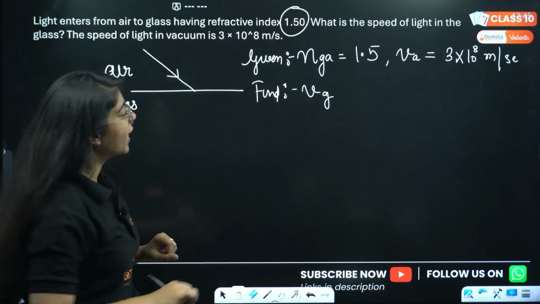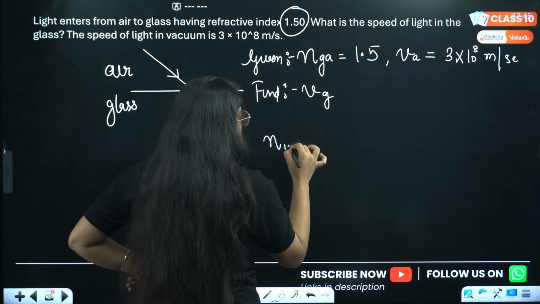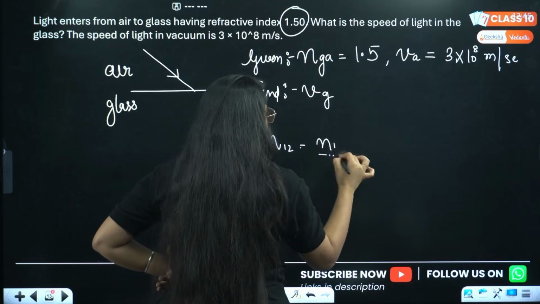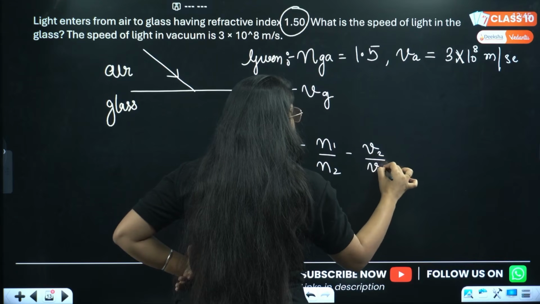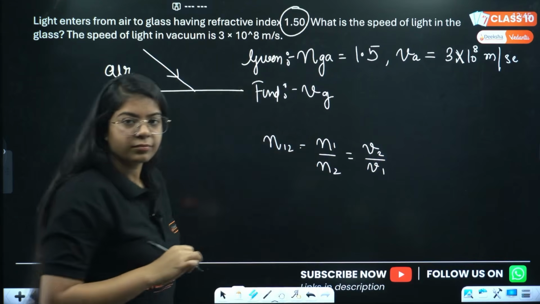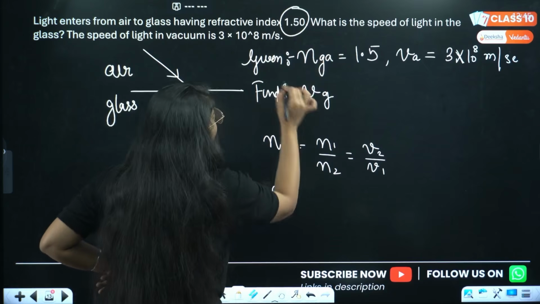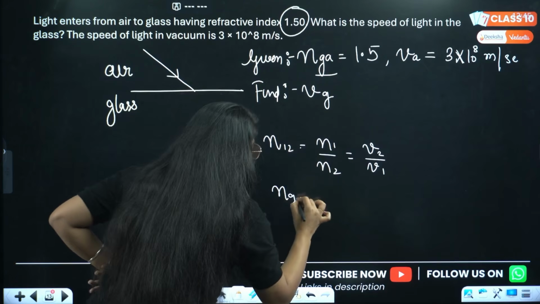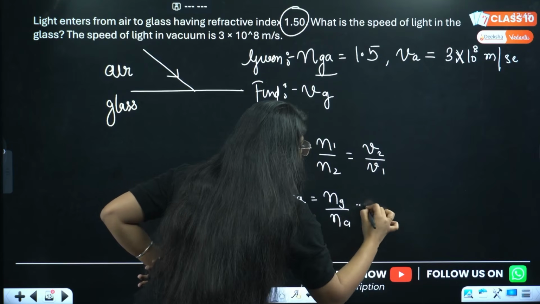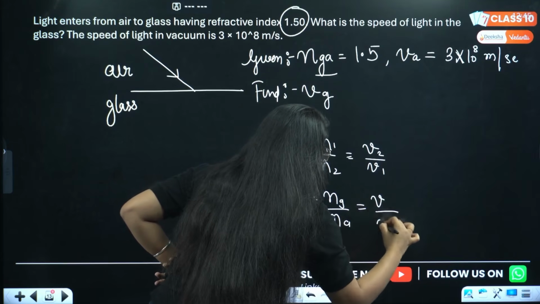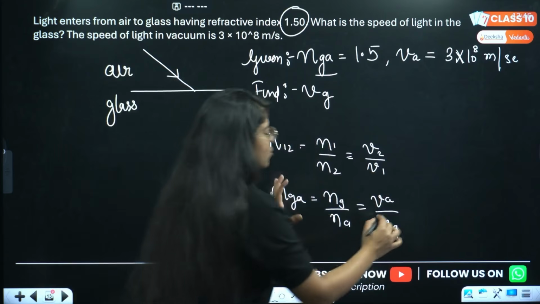Done? Okay. Now this is very easy. We know the formula for refractive index: n12 equals n1 divided by n2, which is equal to v2 divided by v1. Understood? So can I apply that here? n of GA is given. n of GA equals n of G divided by n of A, that will be v of A divided by v of G. Now you can solve this, right?